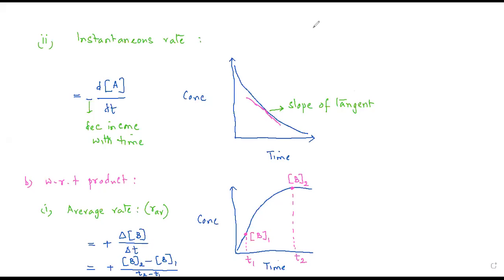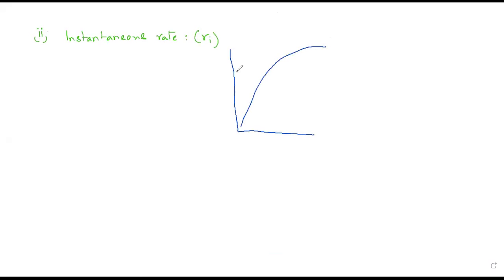Now the instantaneous rate with respect to the product. Again the same, taking the slope of the tangent. Okay.